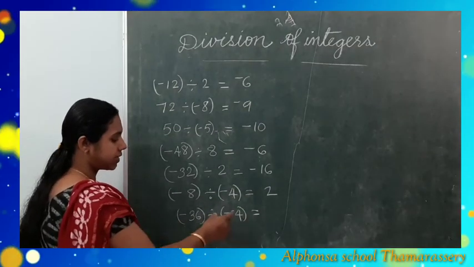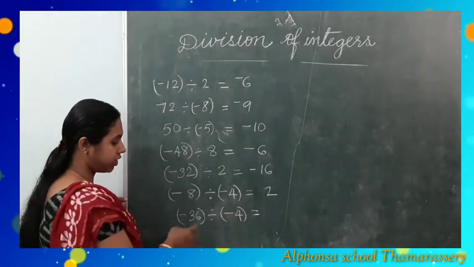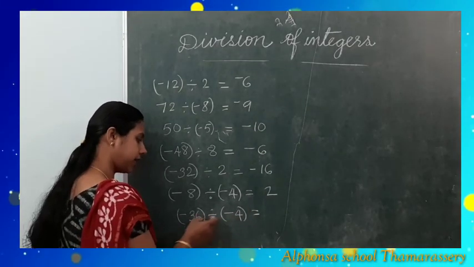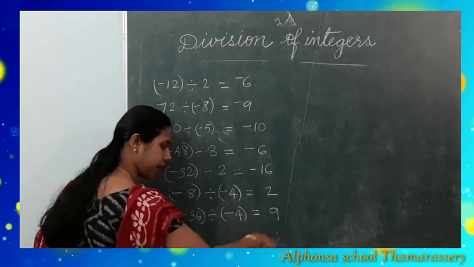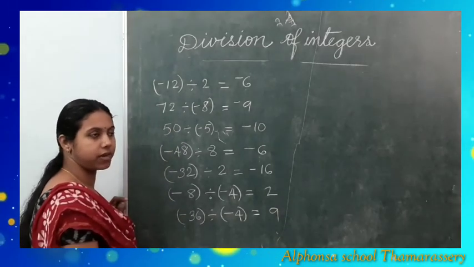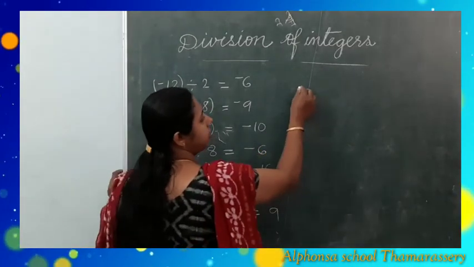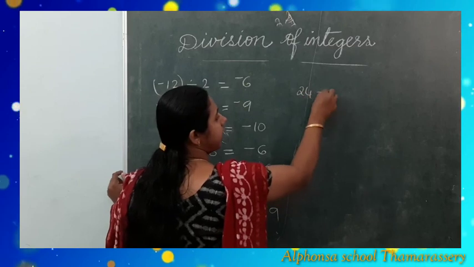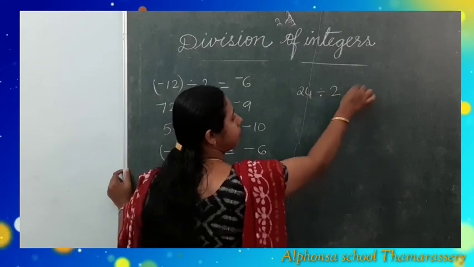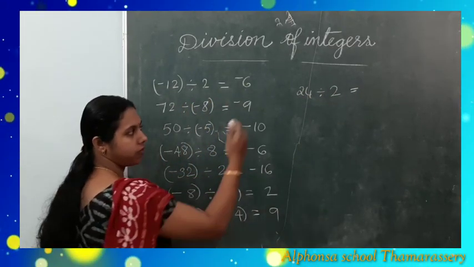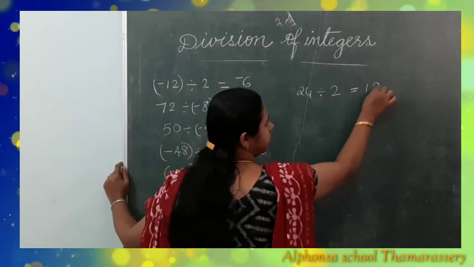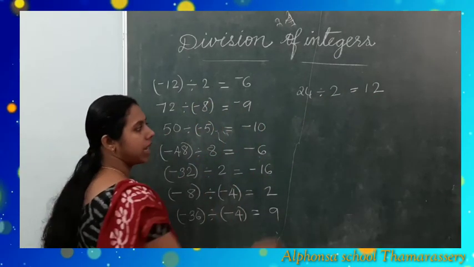Minus 36 divided by minus 4. Negative by negative is positive. 36 by 4 is 9. So the answer is positive 9. Then 24 divided by 2. Both are positive. So 24 divided by 2 is positive 12.